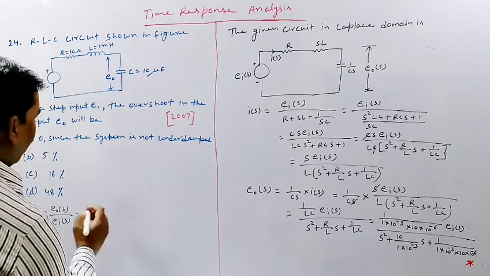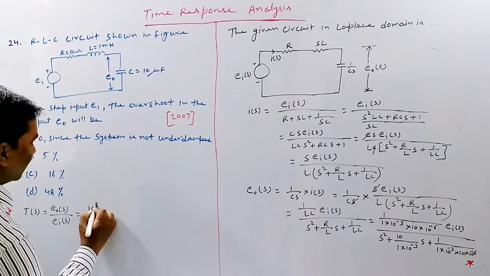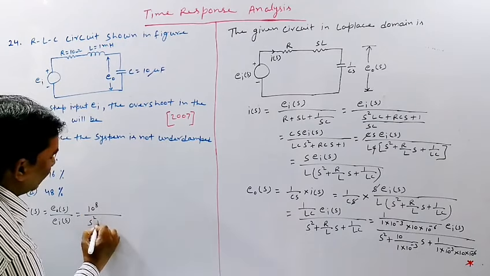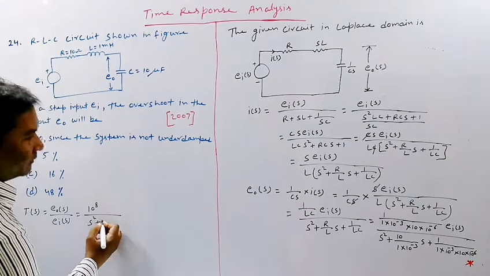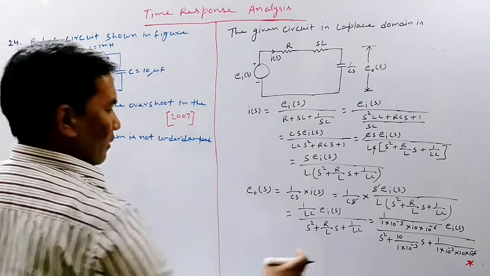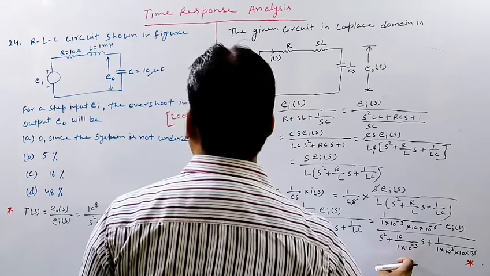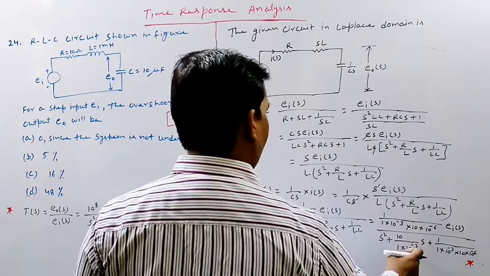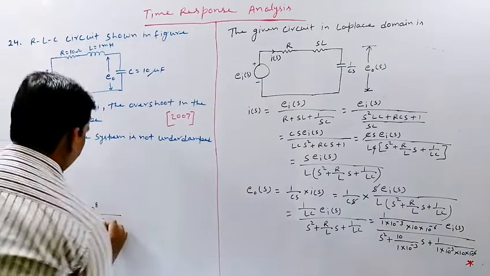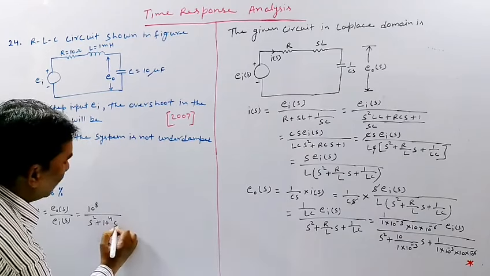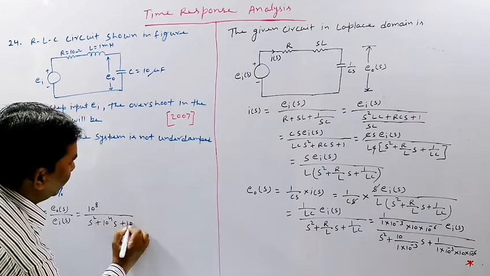It will be 10 to the power 8 divided by S square plus 10 divided by 10 to the power minus 3, because it's R by L, so it will be 10 to the power 4 S plus 10 to the power 8.